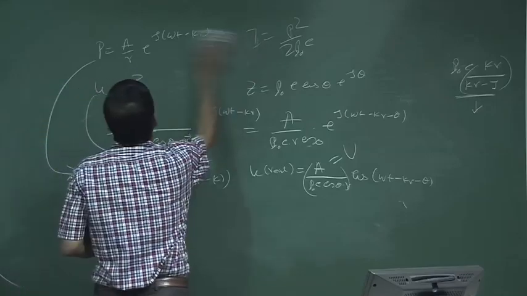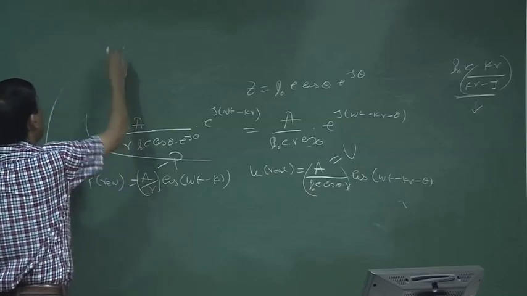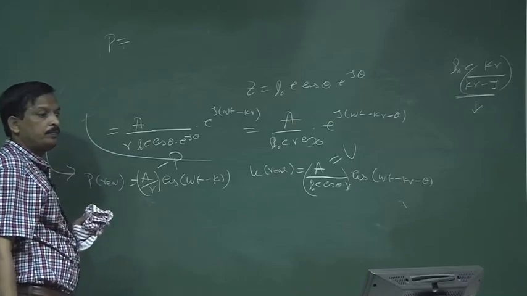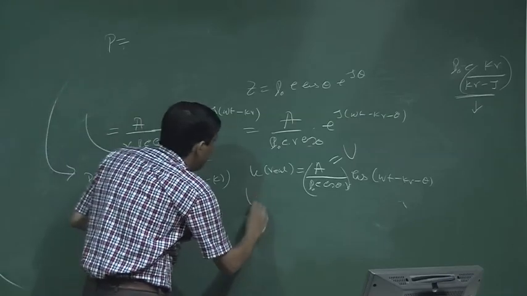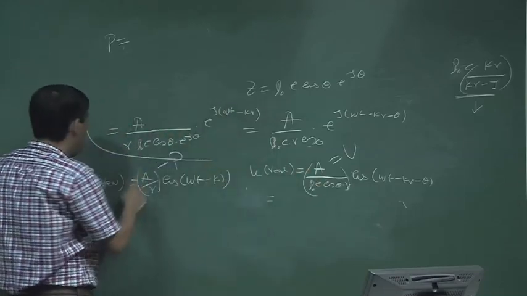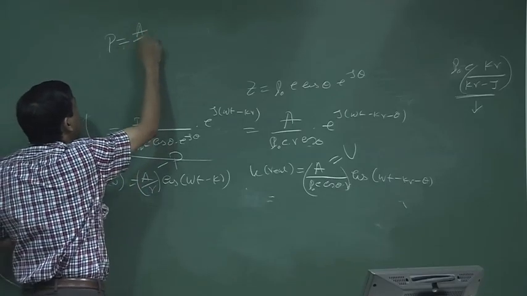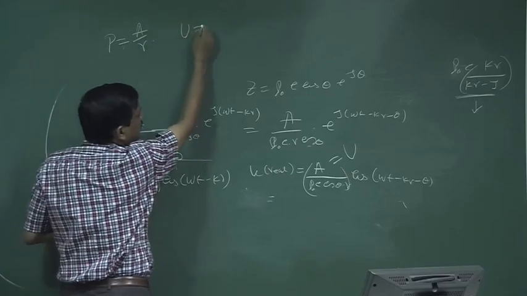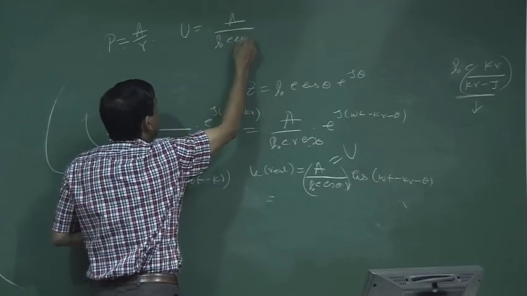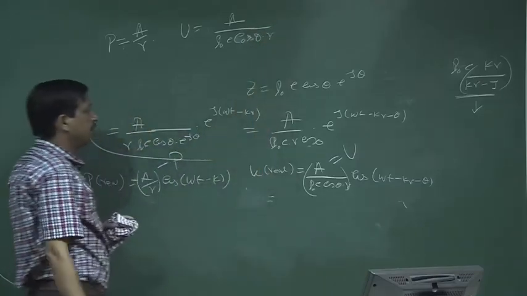Okay. So, now if that is the case, then capital P is equal to A by R, and capital U is equal to A by rho 0 c cos theta into R. Okay.